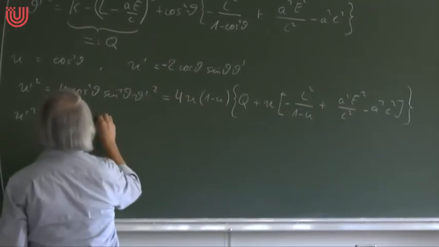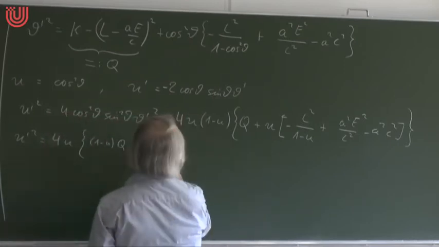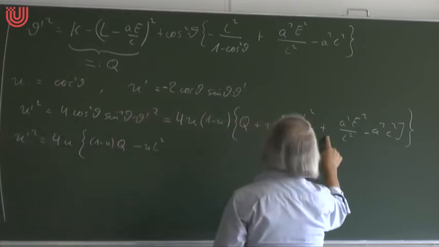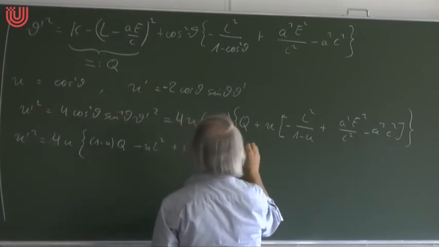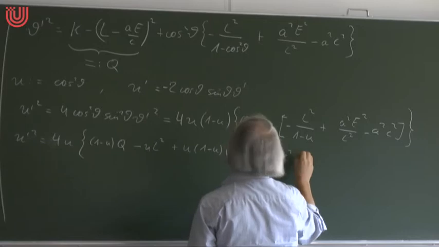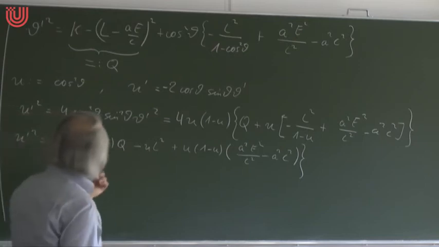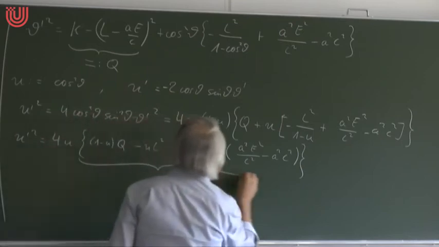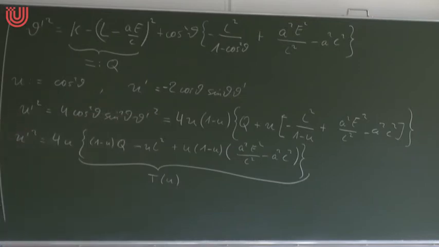I have 1 minus u times Q minus, this cancels, minus u L squared, and then plus u times 1 minus u a squared, E squared, c squared, minus a squared, c squared. So you see this is just a quadratic function, right? Linear, linear, here quadratic. So if I call this, say, T of u, then T is a quadratic function. And we have to discuss this.